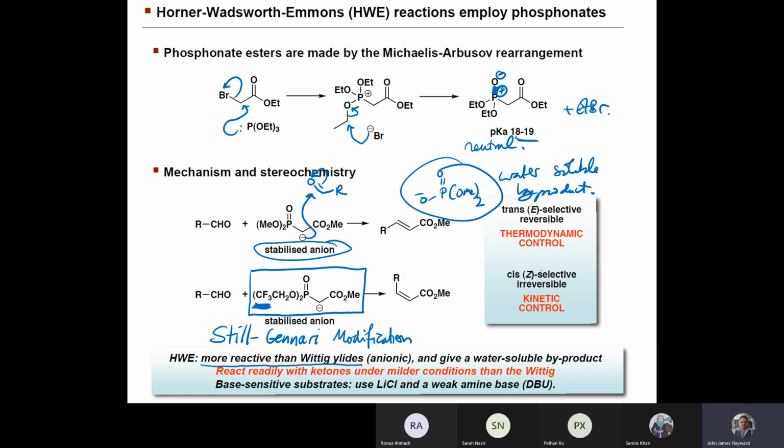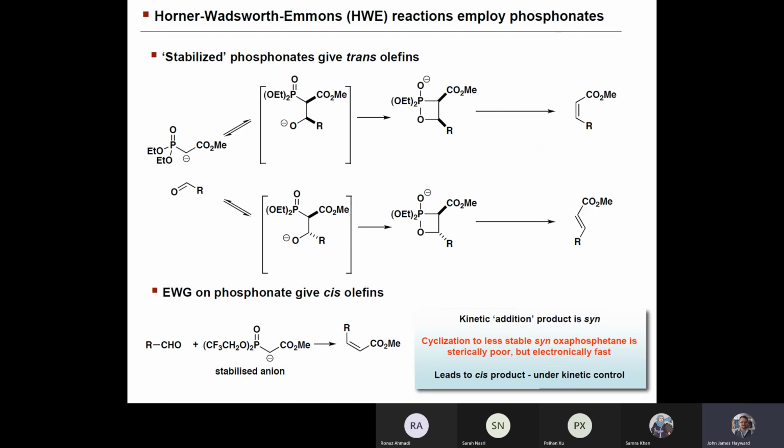Triphenylphosphine oxide is often the bane of synthetic chemists because getting rid of it is such a pain in the bottom. Okay, here's the mechanism that we didn't talk about before. Enolate. The key thing is that this is slow, this is fast. Okay, this is the reaction for the Horner-Wadsworth-Emmons.